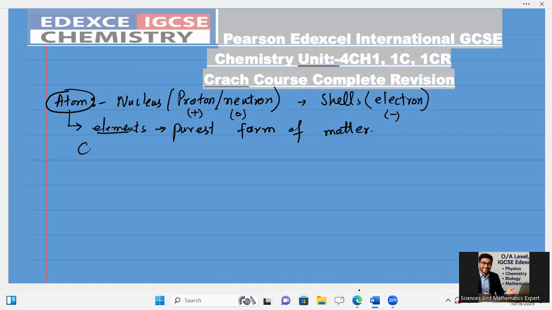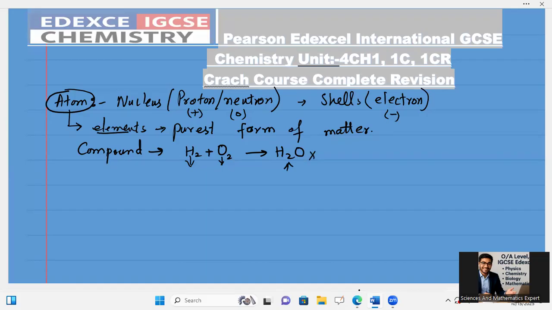After that, there are compounds. When two or more elements combine with each other chemically, for example, hydrogen plus oxygen chemically combine and you get water, then remember that hydrogen burns with a pop sound, like a splint, and oxygen helps burning, but water does not help any type of combustion process.